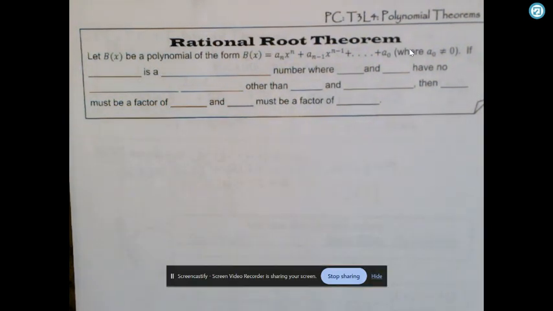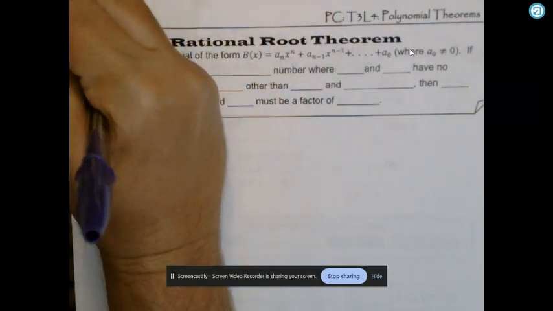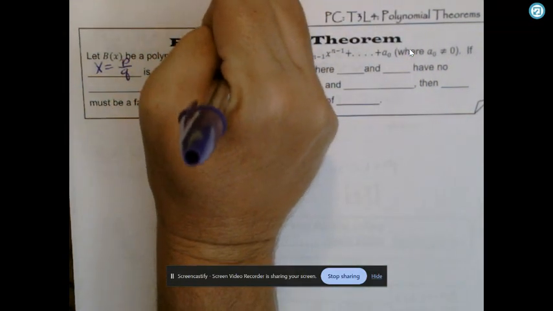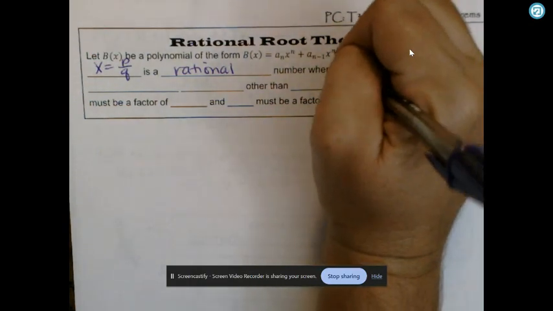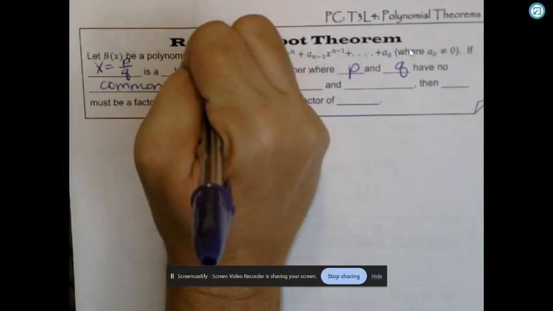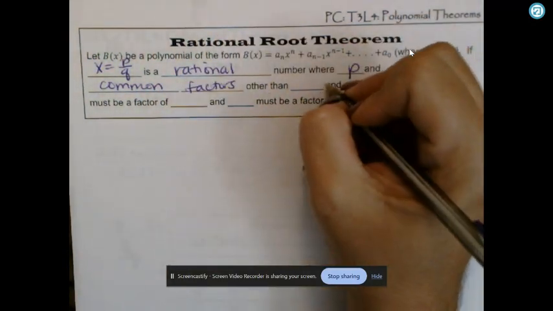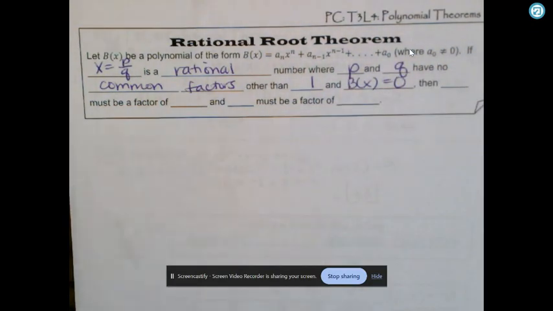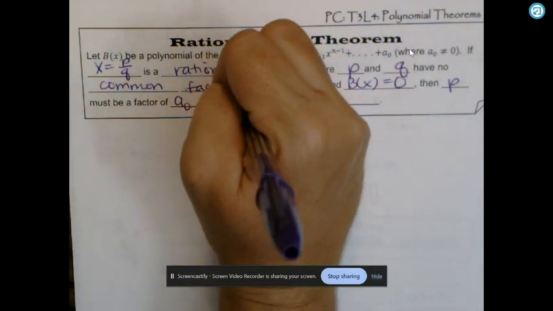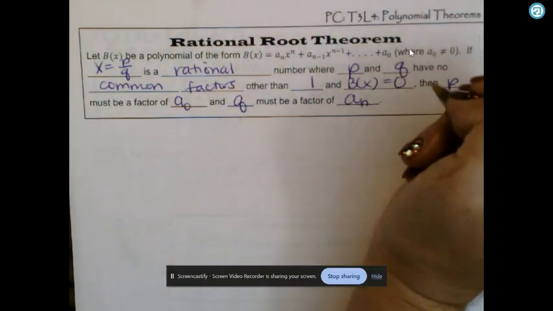Let's fill in our vocabulary. If x equals p over q is a rational number where p and q have no common factors other than 1, and the factor that's equal to 0, then p must be a factor of a0 and q must be a factor of a n.